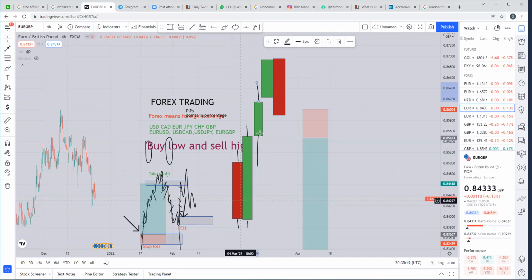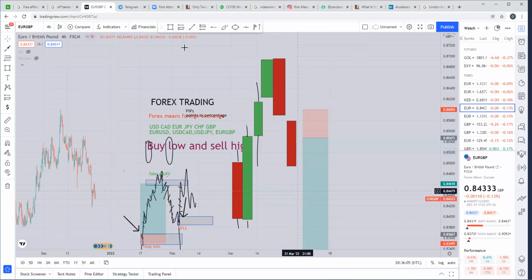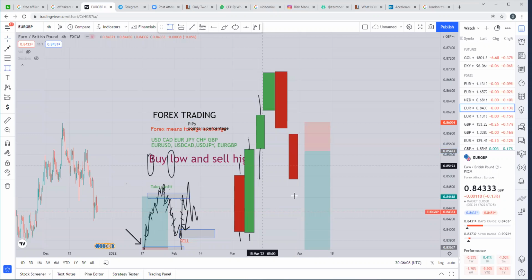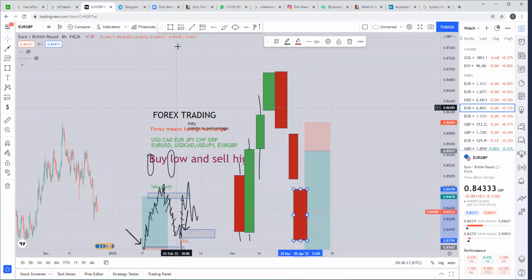Whenever you see this happen, there's a bullish momentum, and when this happens, it means the market is about to start coming down, about to start selling, and then it comes down and sells again. This is how the market generally moves.